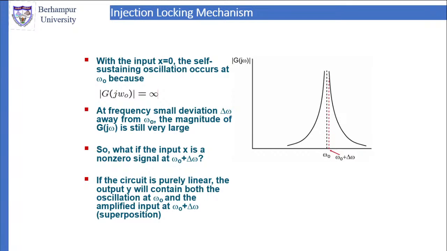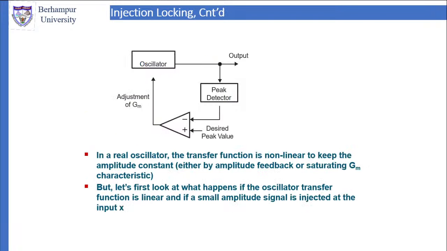This is because of superposition. So if x is non-zero at omega 0 plus delta omega, then the output will contain oscillation at omega 0 and an amplified input at omega 0 plus delta omega. So this is superposition.